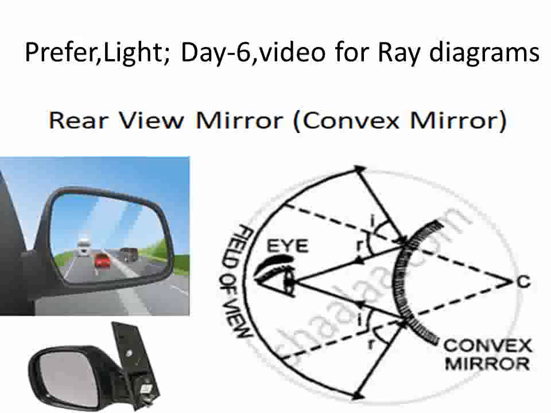Therefore, this driver can observe the back area, which is very large in comparison to the size of the mirror, and in the figure it is shown as the field of view.